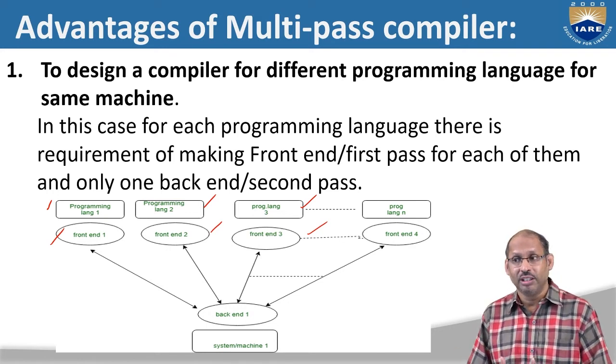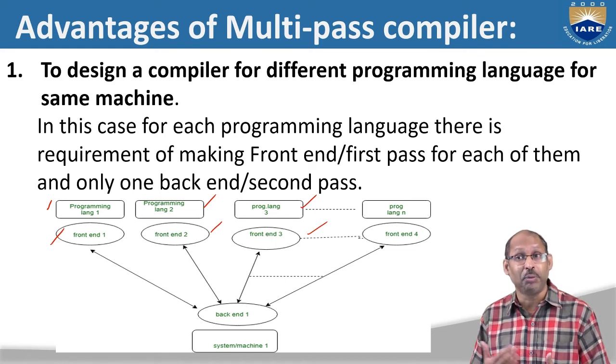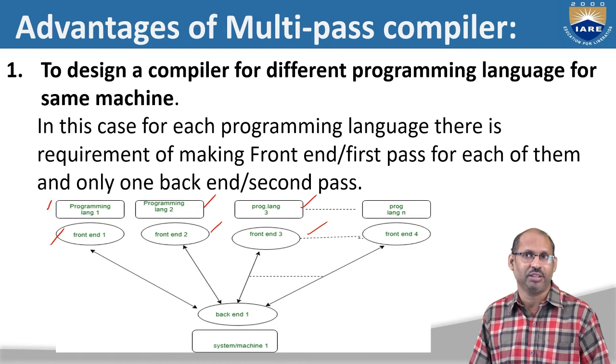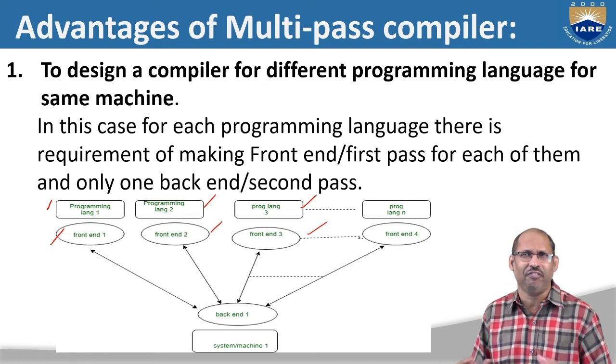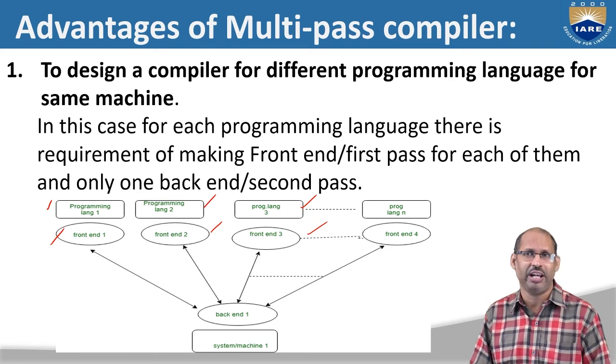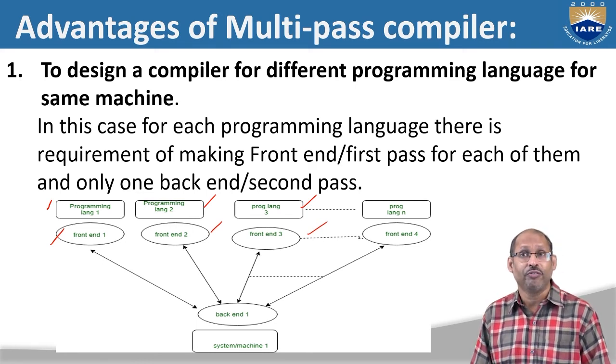For example, the same programming language will be upgraded after some time: version 1, version 2, version 3, version 4. Instead of constructing the complete compiler every time, which is a lot of headache, we will update that particular front end only.